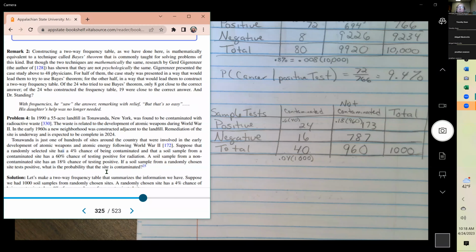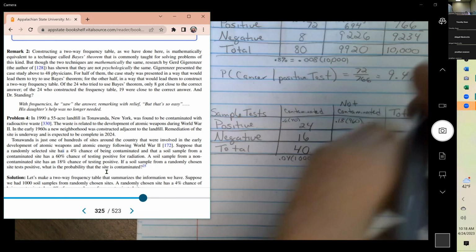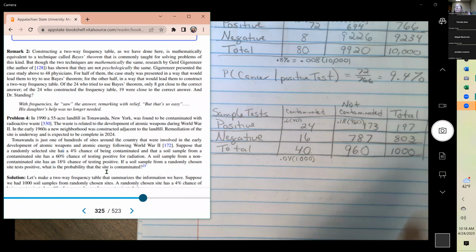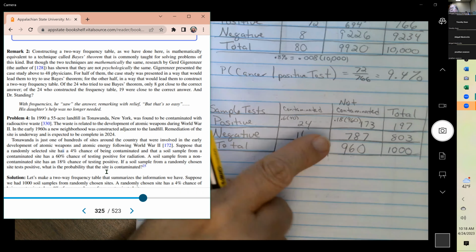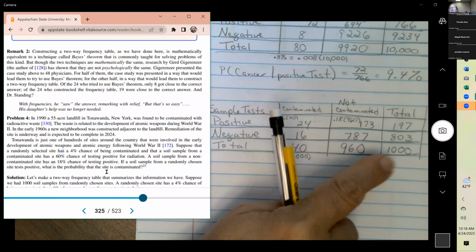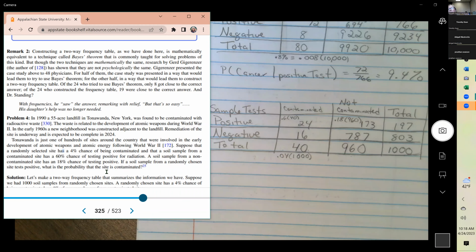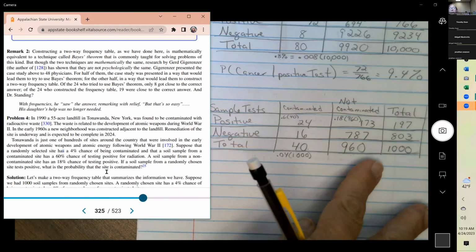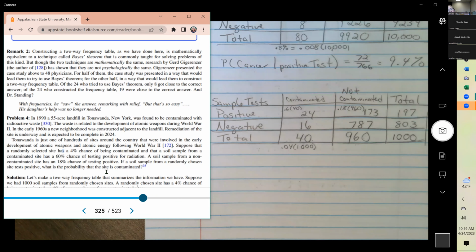Is that what everyone got? 173 and then 787. Yeah, that's what I got. Perfect. And then just add across. And then add down to double check. The only time it may not match is if you rounded, but this one we didn't need to round.